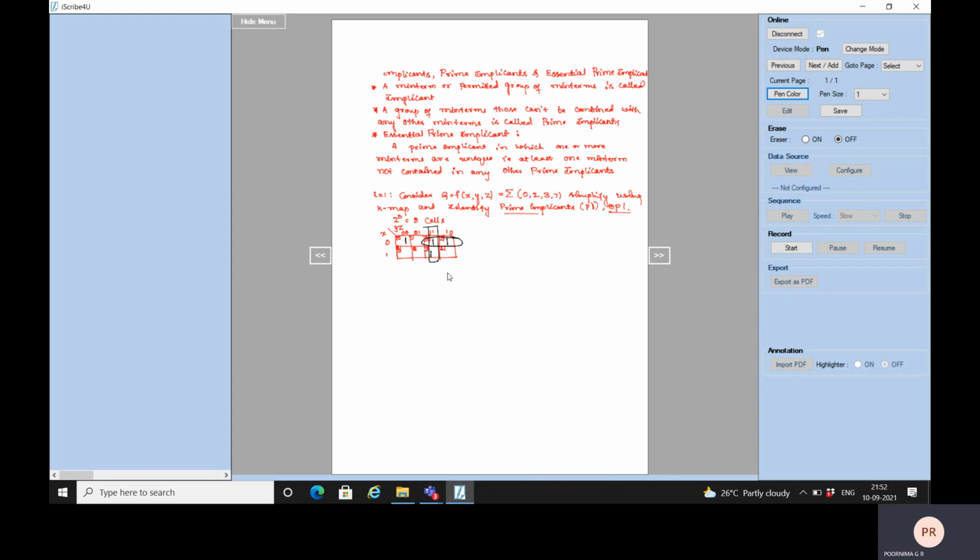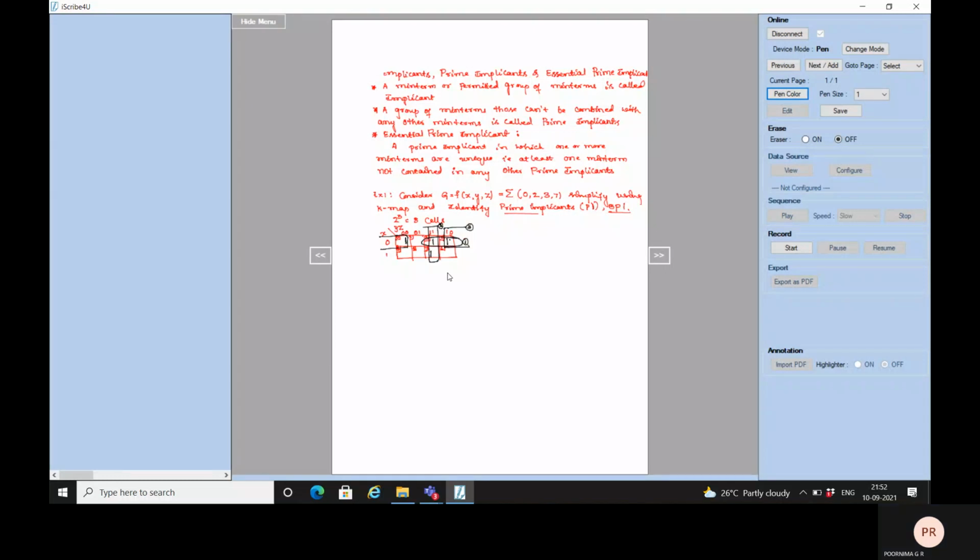Similarly, the grouping can be done with respect to cell number 2 and cell number 0, because those two are also adjacent to each other. So we have totally 3 groups, 1, 2, and then 3.